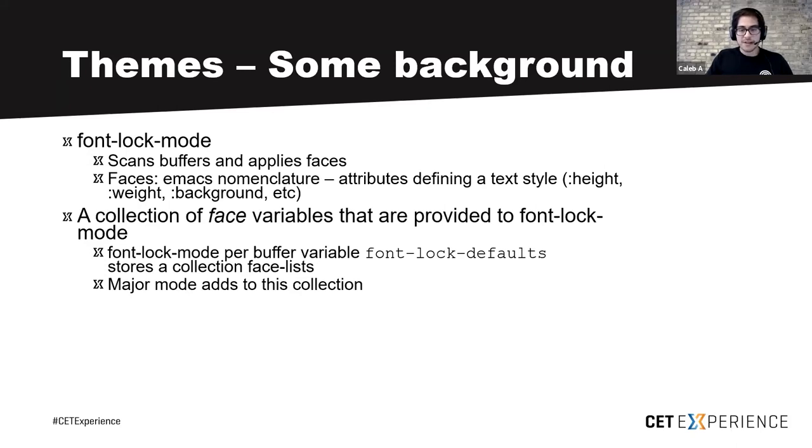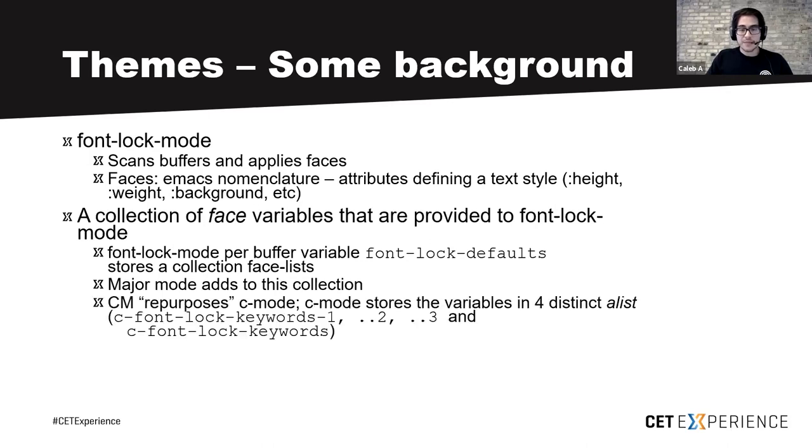That's important because the CM Emacs integration repurposes C mode, which is a major mode. C mode stores the variables in 4 distinct alist variables. So if you're not familiar with what an alist is, it basically stands for associated list. For the sake of this presentation, you can think of it as a map.